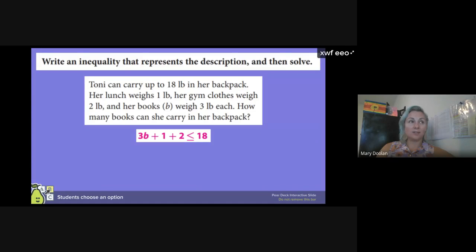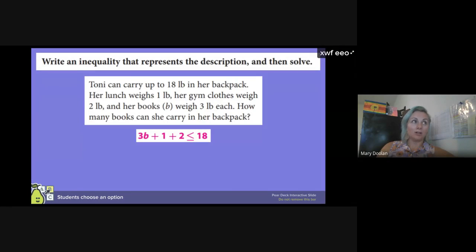Combine like terms first. Combine like terms on the same side of the inequality symbol first. On the left, 1 and 2, they're like. When they're on the same side, use the same operation that you see. 1 plus 2 is 3.